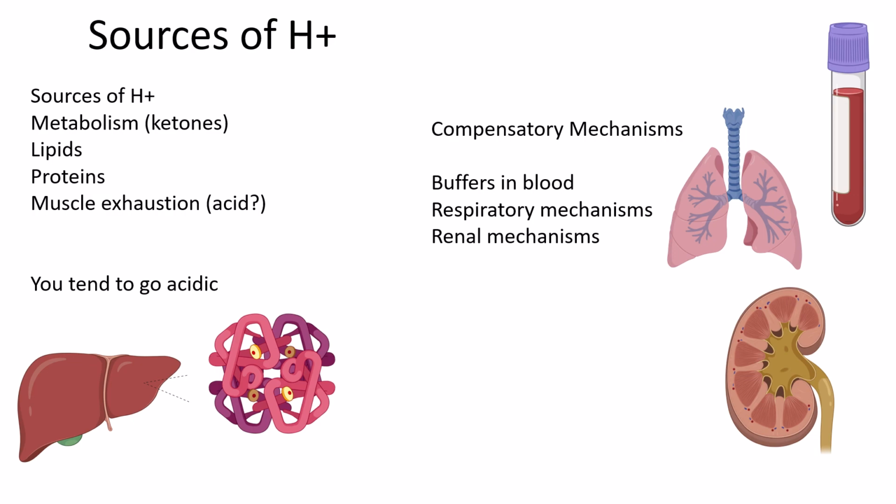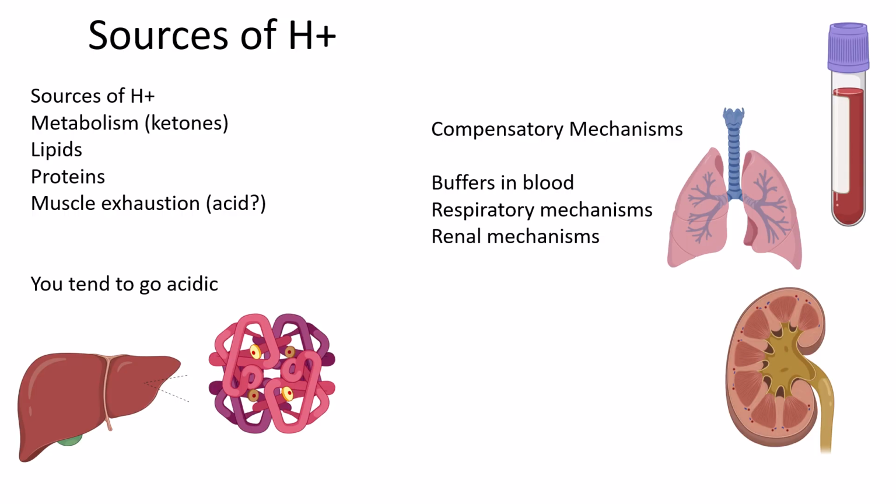In starvation, or if you just go too long between meals, untreated diabetes, or low carb diets, the body starts breaking down fats for energy. And the liver converts the fatty acids into ketone bodies, which release hydrogen cations when they dissociate in blood.